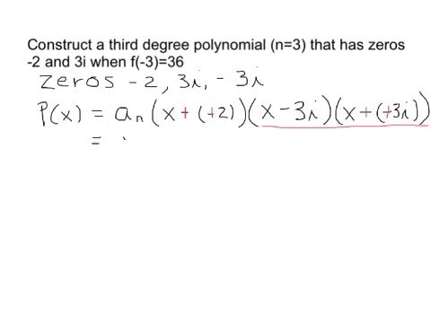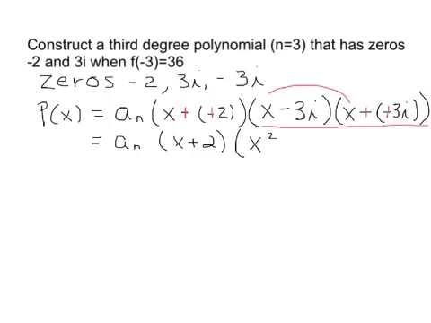So we'll copy the a sub n in front, the x plus 2 factor, and now we'll start multiplying out the other 2 factors. So x times x will give us x squared.